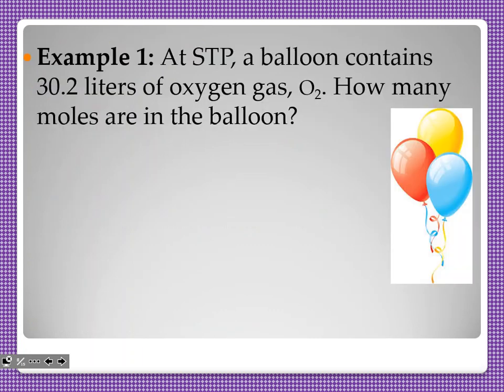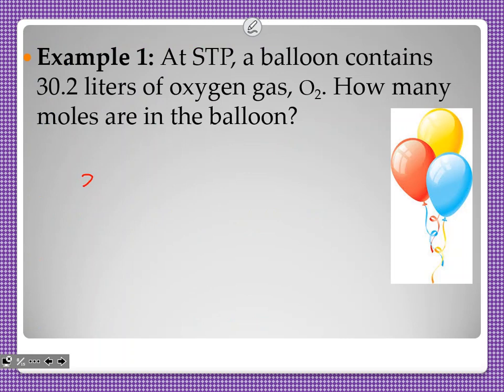So let's do a couple problems with volume. At standard temperature and pressure, a balloon contains 30.2 liters of oxygen gas. How many moles are in the balloon? How many conversion steps is this going to take you? Only 1. Very simple.